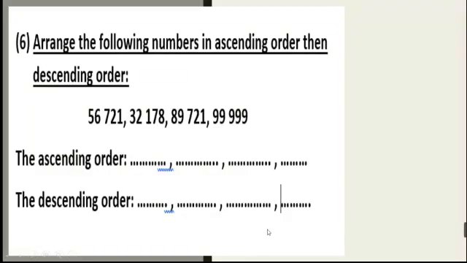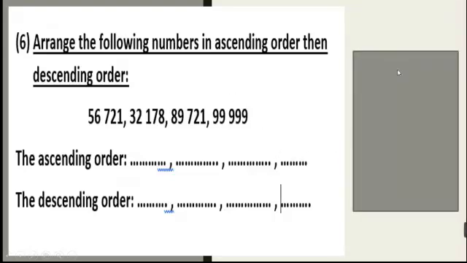Next exercise, arrange the following numbers in ascending order, then descending order. And we all know that ascending order means from the smallest to the greatest. We will take a new way that will be easier for us in ordering numbers. What is this way?